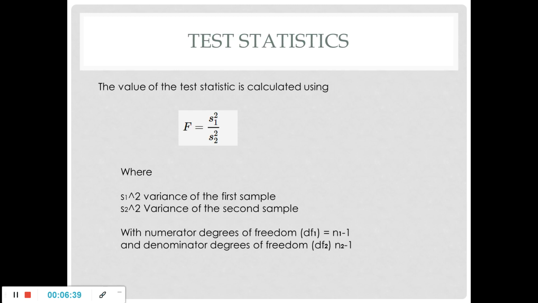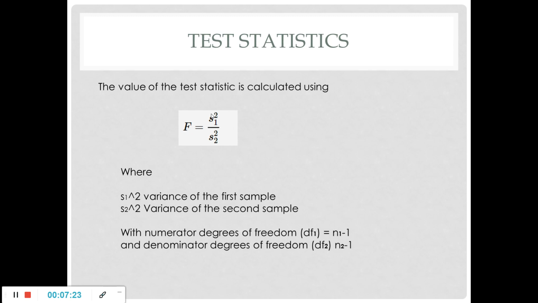And coming to the formula to calculate the test statistic, this is a relatively simple formula. If the variances of the samples are directly given, then you can use the formula S1 square divided by S2 square, where S1 square stands for the variance of the first sample and S2 square stands for the variance of the second sample. S1 square is associated with the numerator degrees of freedom, that is n1 minus 1.